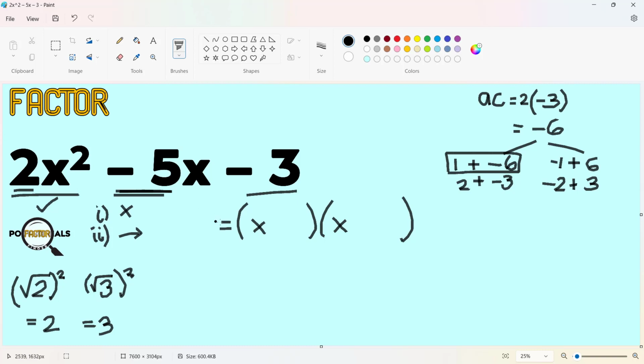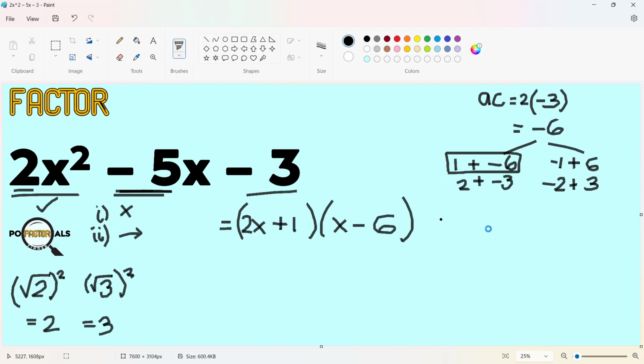So we still have 2. So one of which is we're going to place 2 here. Then if we place these coefficients plus 1 and minus 6 here, there is still something wrong in our process because when you use the FOIL method, just simply look at the product of the last terms. 1 times negative 6, it's not negative 3.